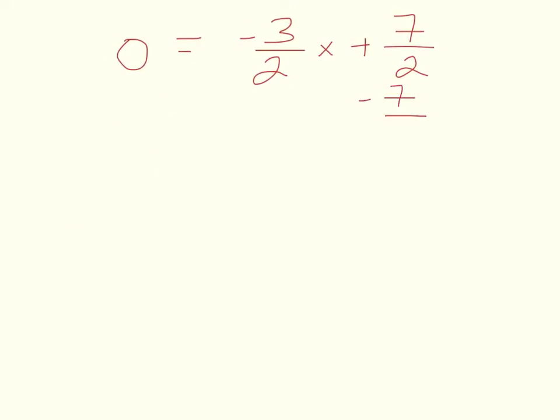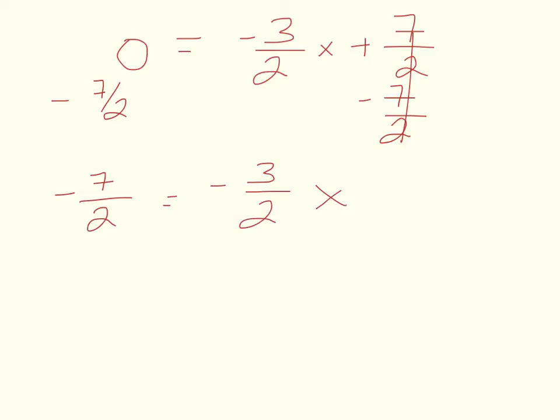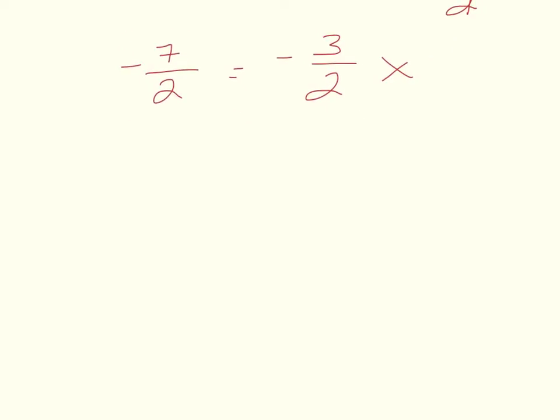And now we would just solve that for the x. We'd subtract 7 halves from both sides, so we would have negative 7 halves equals negative 3 halves times x. Now, you always want to cancel out the denominators of the fractions, so here I can multiply everything by 2 or negative 2, and I'm going to go ahead and multiply by negative 2 so I can cancel out the negative signs.